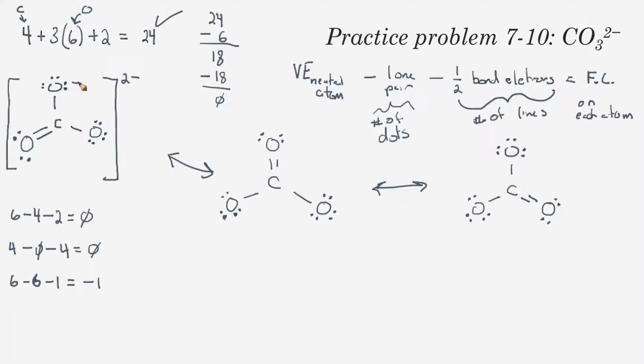So there is a negative formal charge on this oxygen atom. And we get the exact same thing for this one. 6 minus 7 equals minus 1. And again, there's a negative formal charge on this atom. So if we do this for each of these, we'll find that in every case where we have an oxygen with 3 lone pairs and 1 bond, those always have negative formal charge.